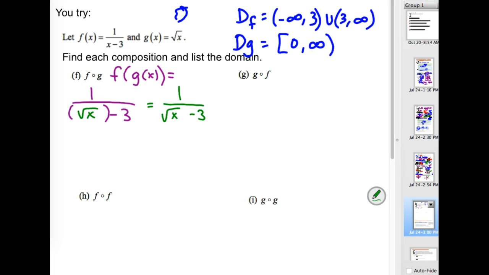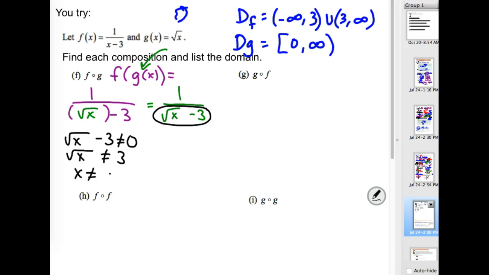Okay, but when we look at our restrictions, we focus on g of x, the inside function. So we know that we have to be 0 or higher. And then we also have to look at what would make the denominator 0 now, because in my final composition, I have a denominator that looks like this. So we want to make sure the square root of x minus the 3 can't be 0. So I'm going to add the 3 over, and then I'm going to square both sides.